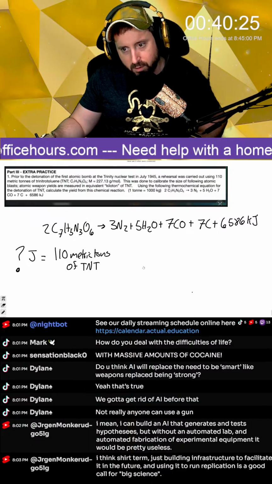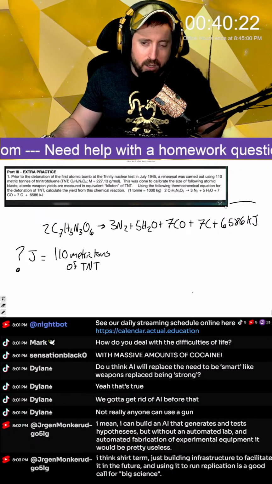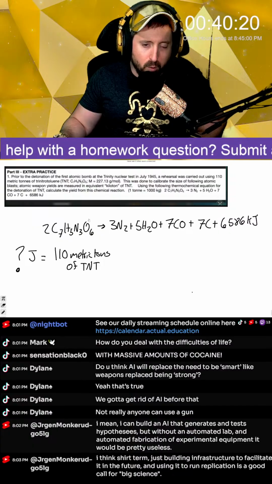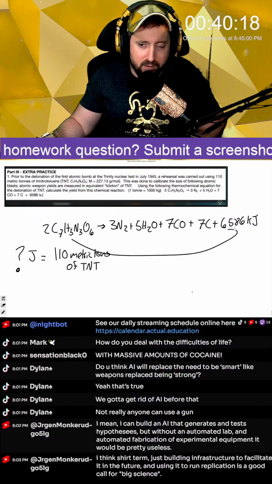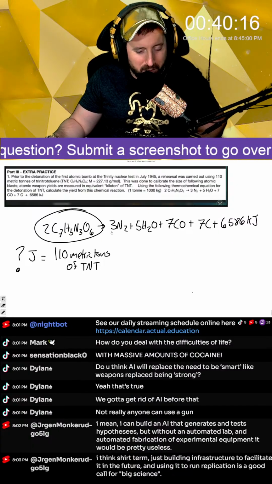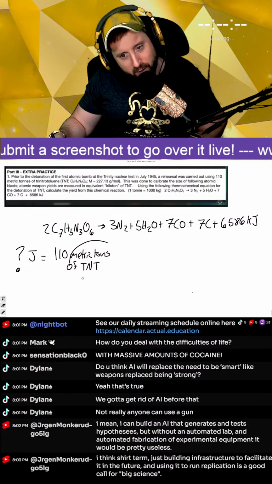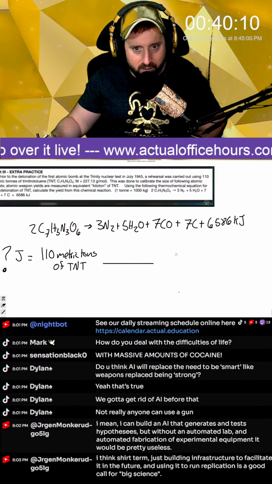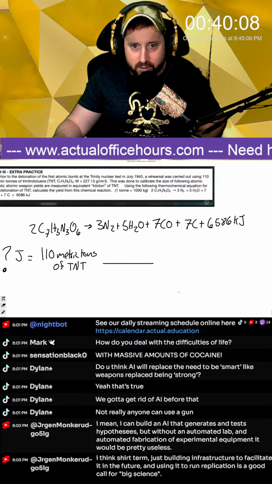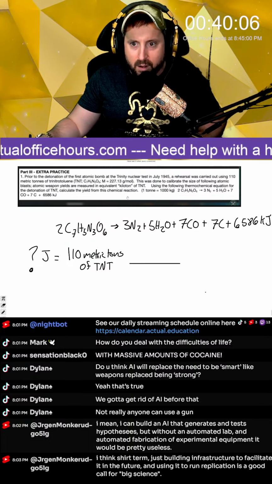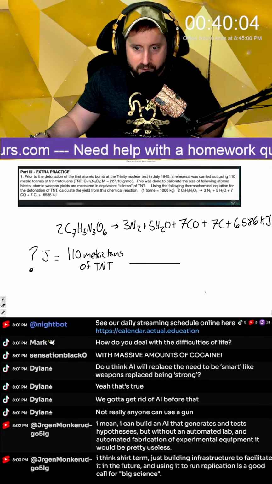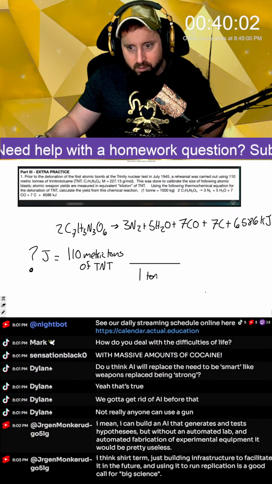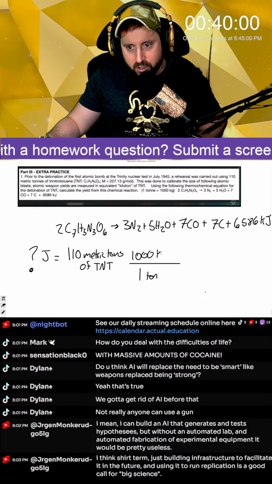Eventually joules pops up here, but we're going to need moles of this to get to joules, which means they're going to need kilograms of this, which I'm already at tons. So we need to go from tons to kilograms. What they do tell us here is that 1 ton is 1,000 kilograms.